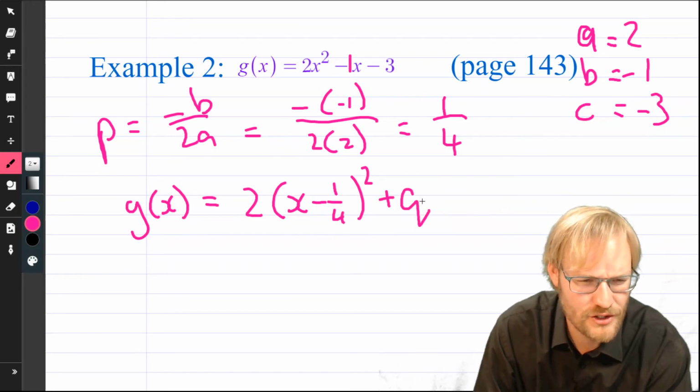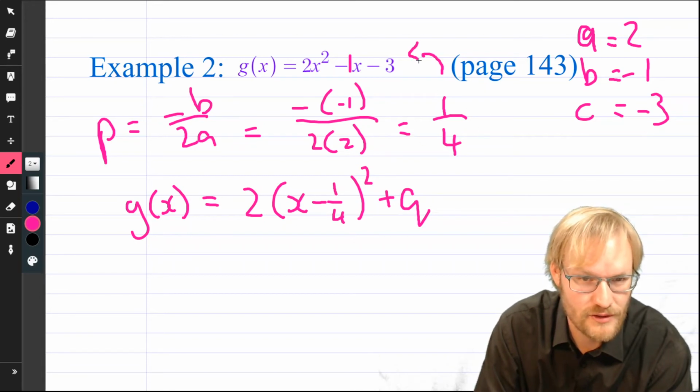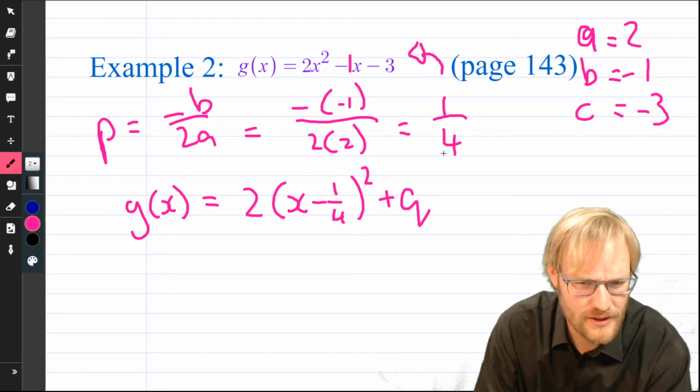How do we work out q? All we do is we substitute this value we've just found back into the original equation. This is our x value, our y value will come out. This is our p, our q will come out.